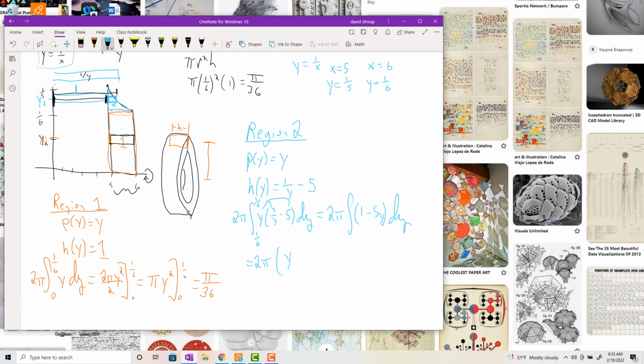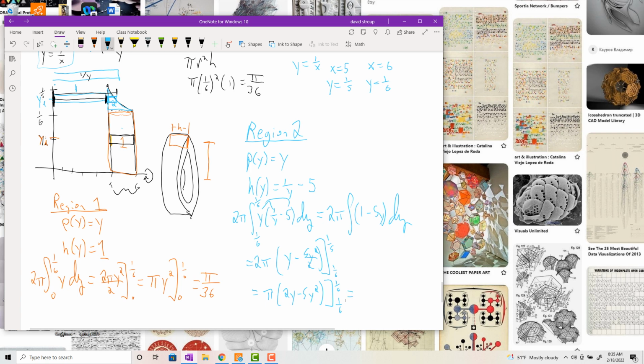So then you get y minus 5y squared over 2 from 1/6 to 1/5, which is annoying, but we'll deal with it. If you want to get rid of that fraction, distribute the 2 from the front, so you get pi times 2y minus 5y squared. I don't know how much that's going to help, but anyways, there it is.